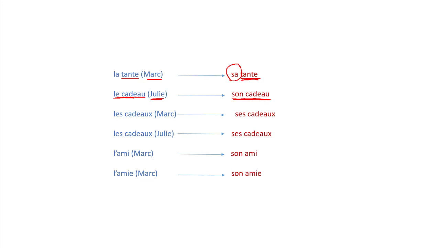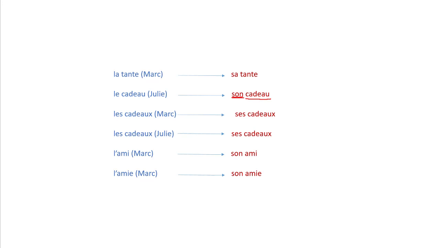And in that case, it would be translated his gift. Okay? So it's very important that you remember you're looking at the noun that's being modified by the possessive adjective. That is how you determine the form of the possessive adjective to use. Not by thinking about who it belongs to, but by looking at the noun itself.